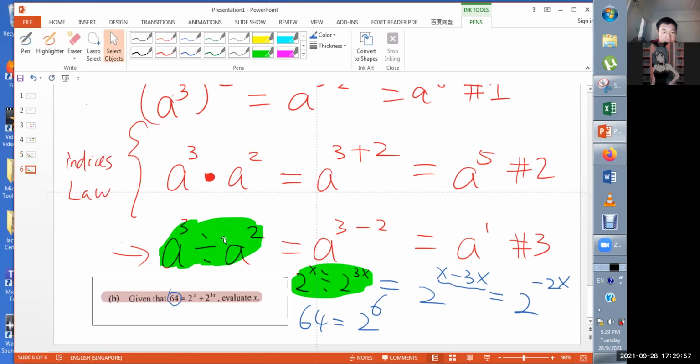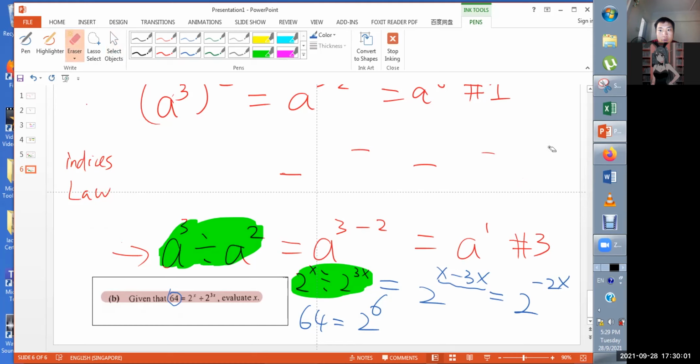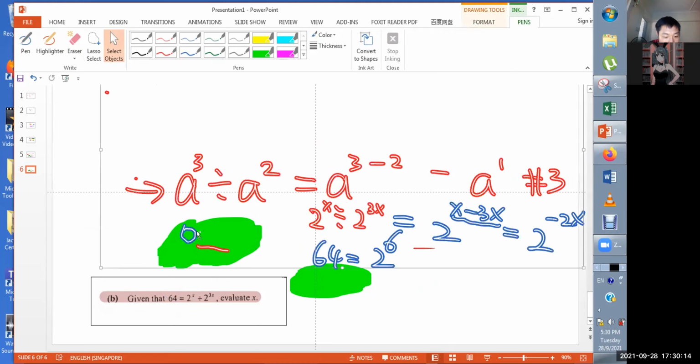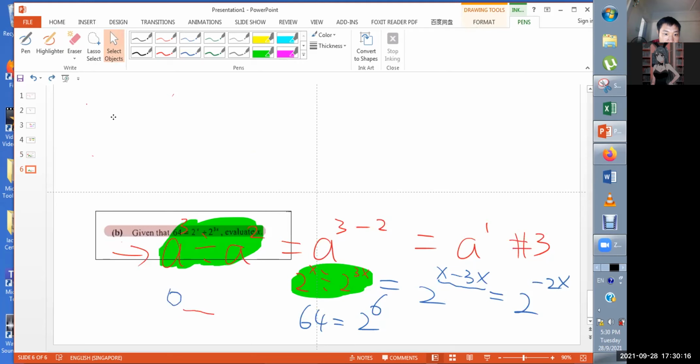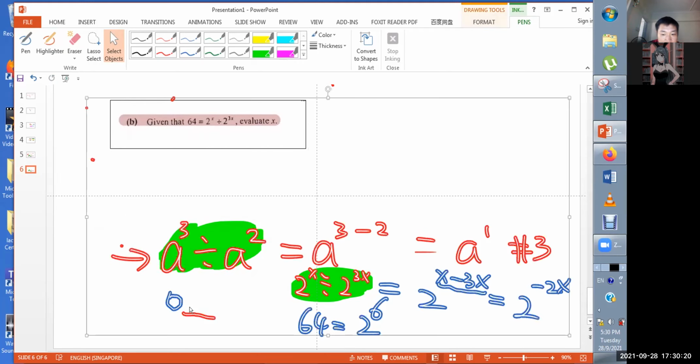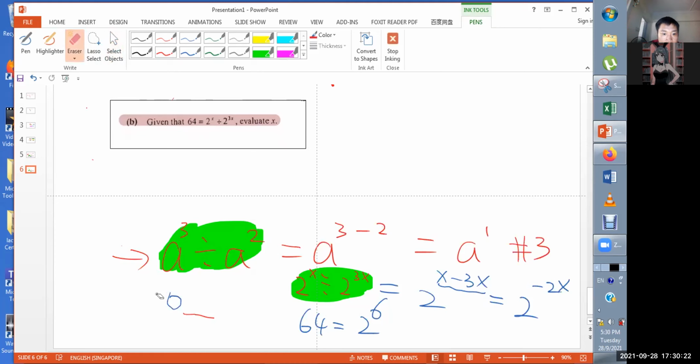Let me duplicate this. I don't need this because I'm not going to use rule number 2, and I'm not going to use rule number 1 in this case. So let me just erase this. By the way, can you see this question? Not here, this. Can you see the 64?